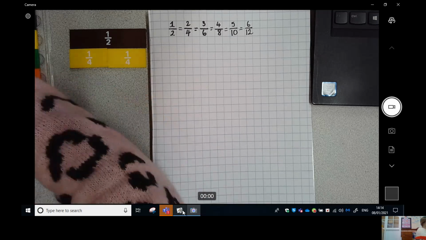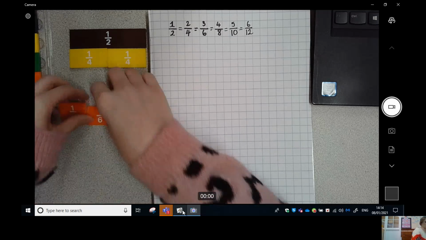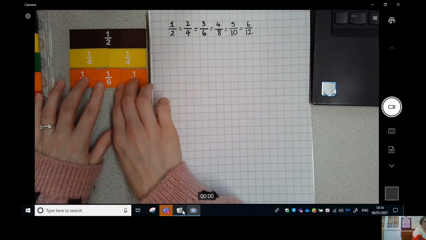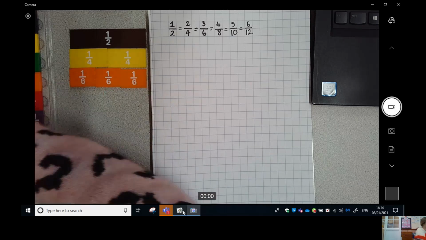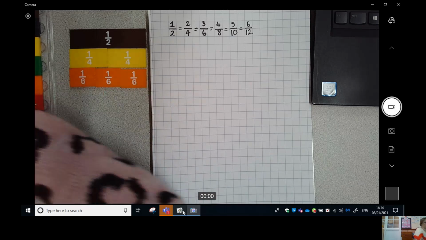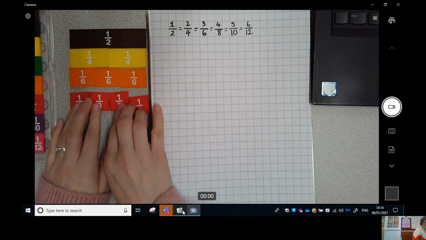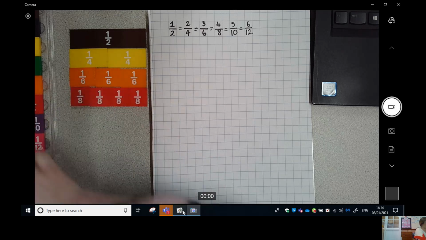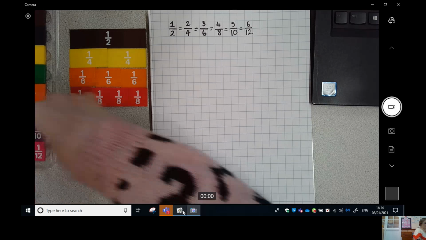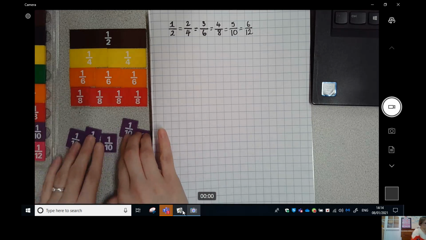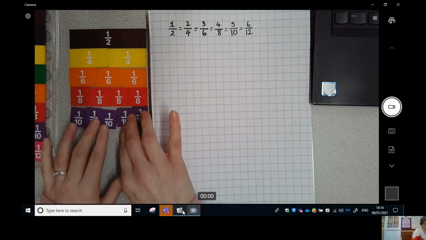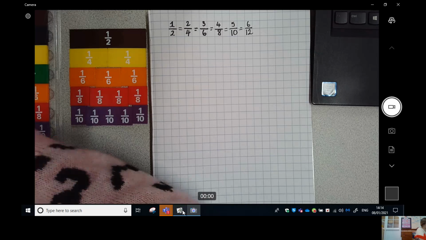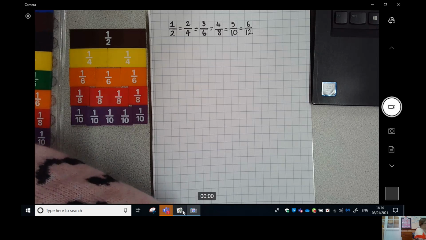No, that one's not going to fit. I'm going to keep going. I can see that one's the same. I knew that sevens didn't fit, so I have eights here. Oh, that one fits perfectly. I've got my tenths and my twelfths.